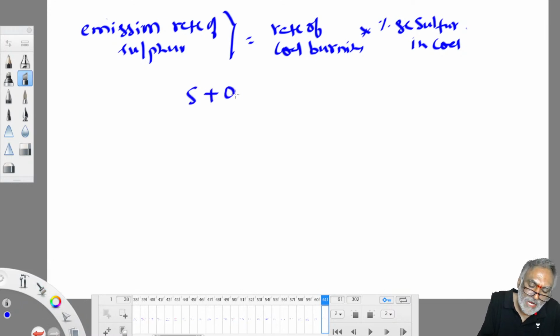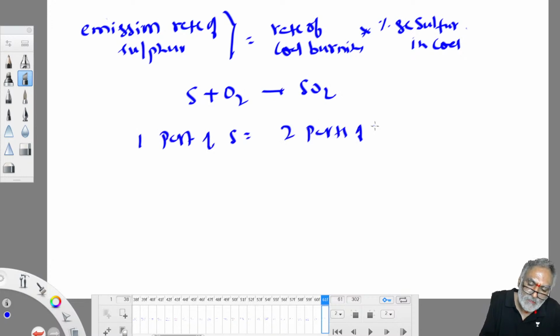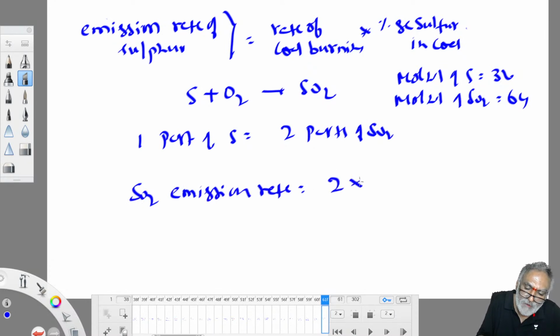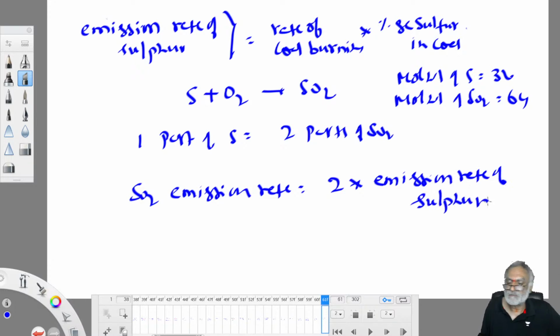Then sulfur reacts with oxygen and produces sulfur dioxide. Therefore, one part of sulfur is equal to 2 parts of sulfur dioxide, because the molecular weight of sulfur is 32 and of SO2 is 64. So 32 parts of sulfur give 64 parts of sulfur dioxide. Therefore, if we know the emission rate of sulfur, the sulfur dioxide emission rate is 2 times the emission rate of sulfur. This is one question they also ask in the exam.